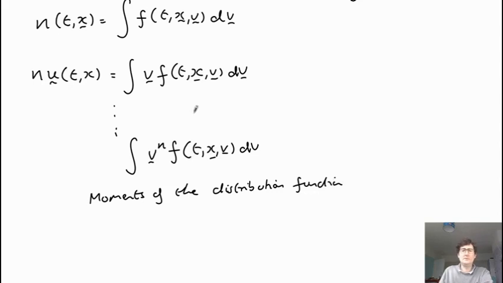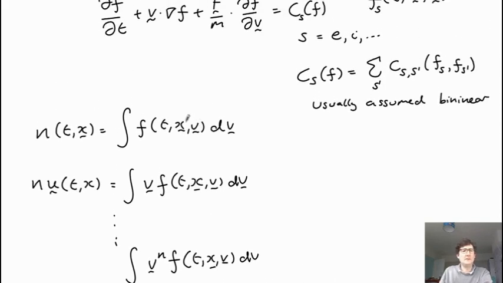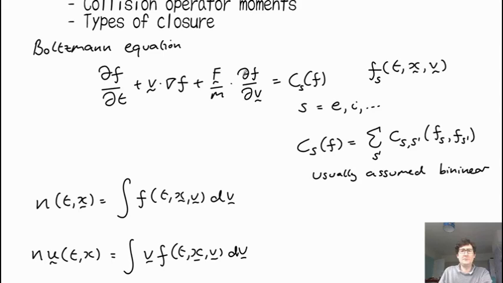The problem we've seen a few times already is that every time we multiply this equation through by a factor of v, so if you want to calculate the density equation, you just integrate this equation, and you have a term which is a velocity times f, and this gives you the advection, because it gives you a term involving n and u, the flow speed.